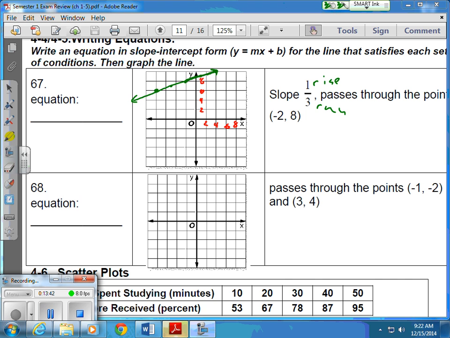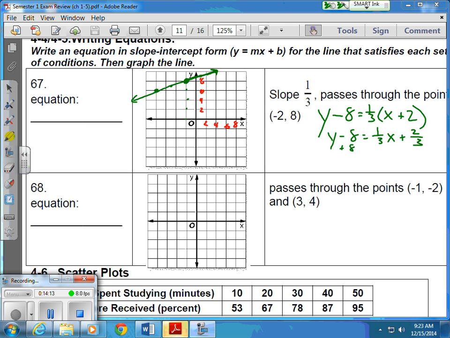That's kind of hard to read, where it's going to cross the y-axis now that I went by 2s. It might be crossing at 9. I'm not sure. So to be on the safe side, let's use point-slope form and plug in these numbers. And when I distribute, I get y minus 8 is equal to 1/3 x plus 2/3.